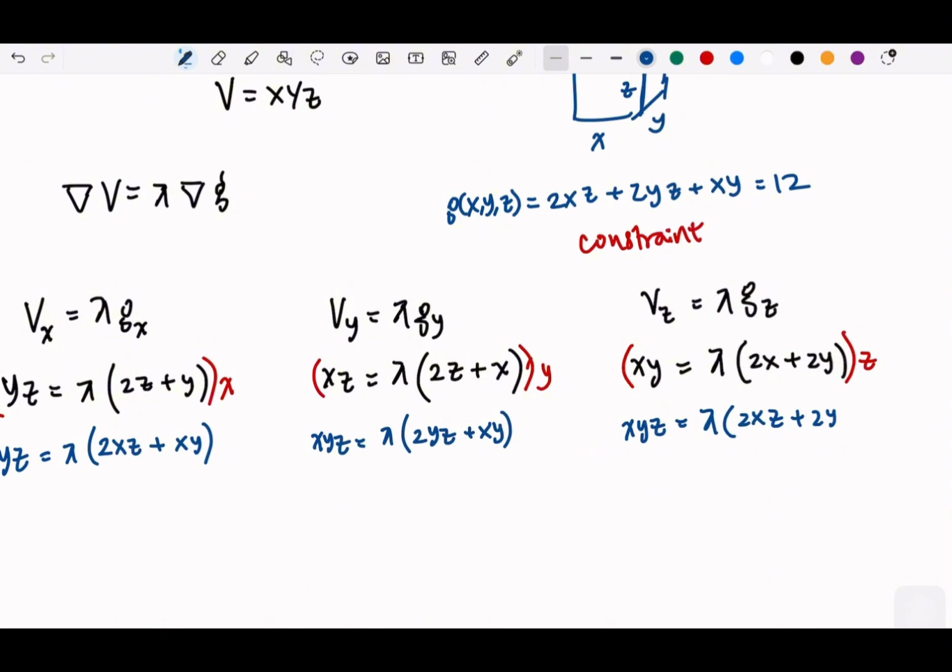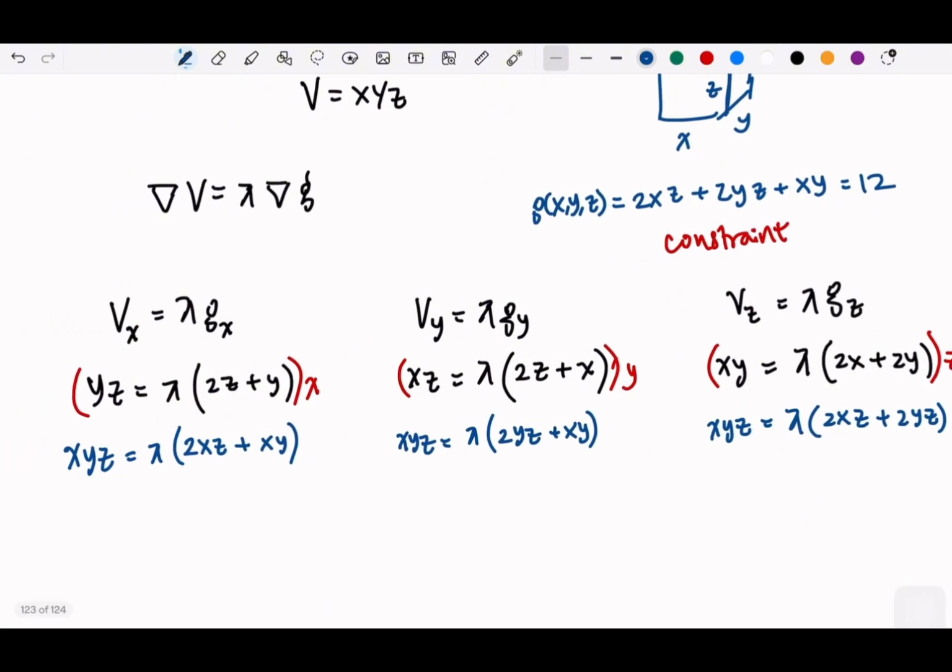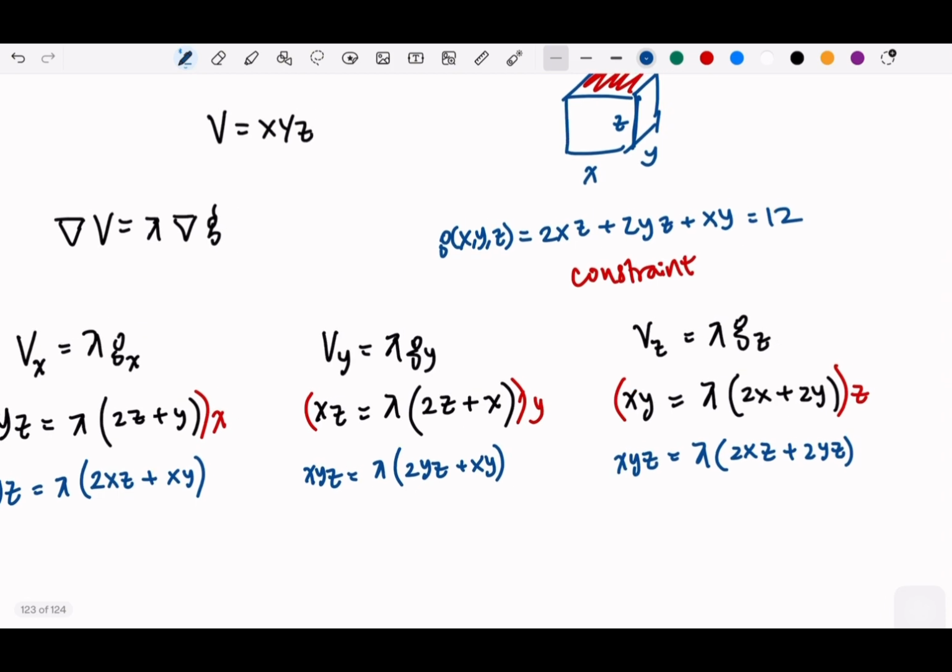So how to solve it technically is basically based on your math experience. I don't have any specific patterns for how it's going to be solved because there are many possibilities. So it's based on you actually.